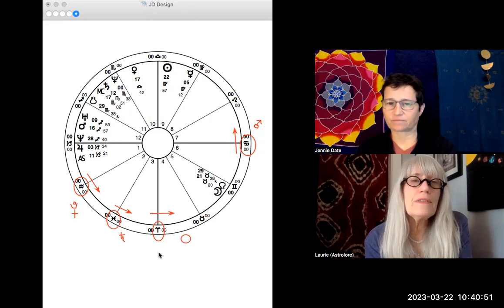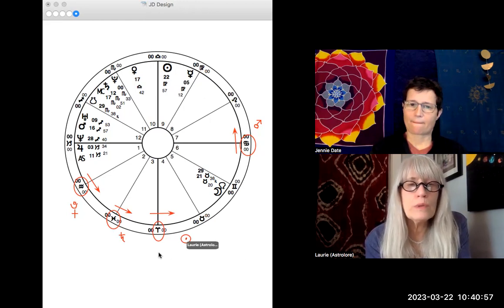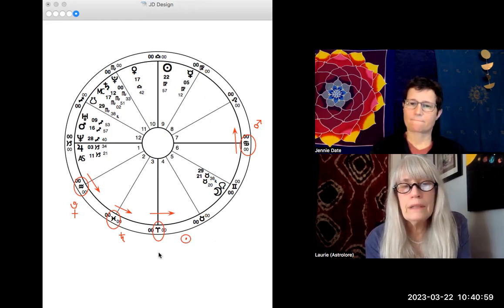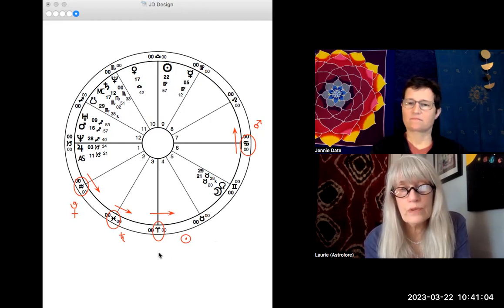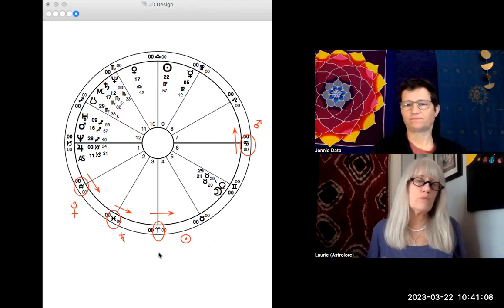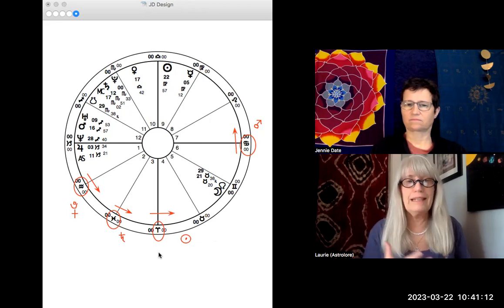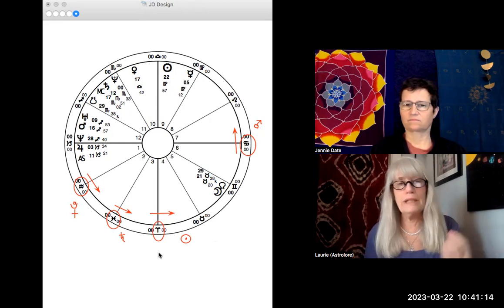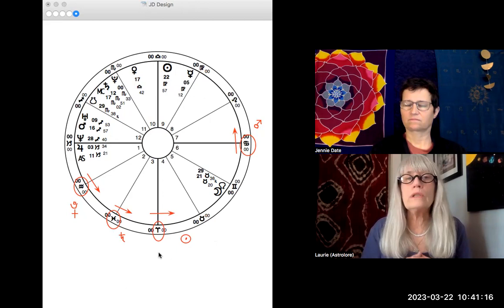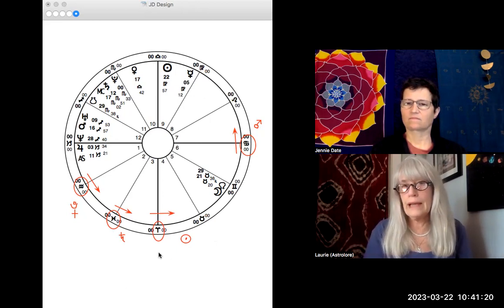Yeah, and one of the things that I think it's good to think about as well is because Mars was so long for this person in the sixth house, so in whatever house Gemini is, the house before Cancer, because Mars was so long in that area and something was renegotiated, figured out in that area, you bring what you've learned into the next house.